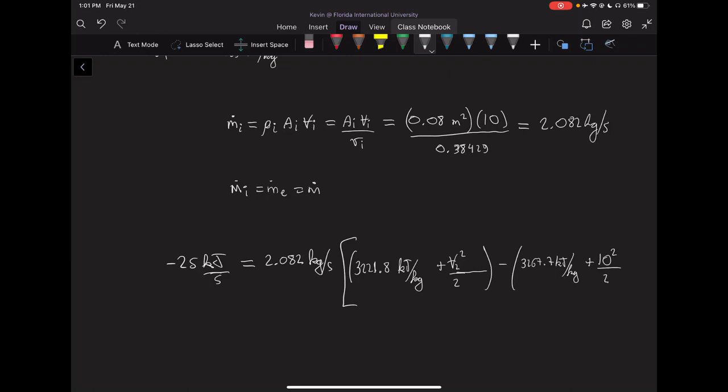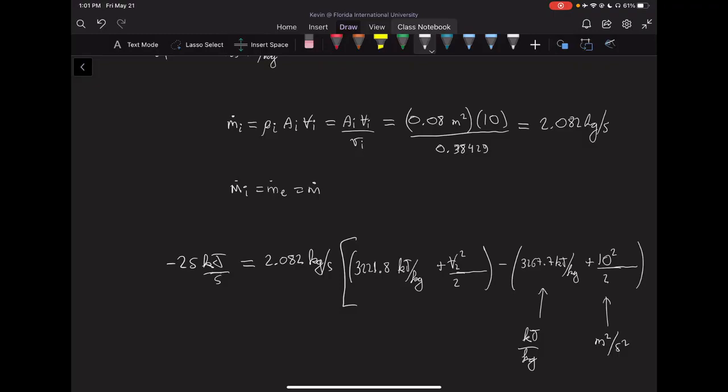And we know that the units of velocity squared, let me just finish this bracket here, the units of velocity squared is meters squared per second squared. And the units of this term is kilojoules per kilogram.